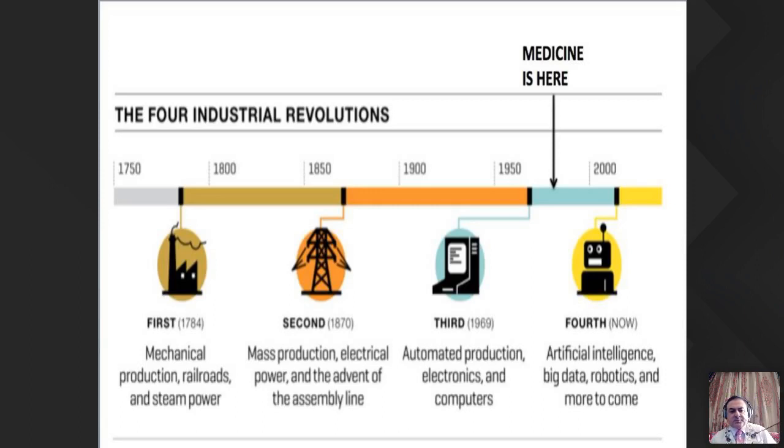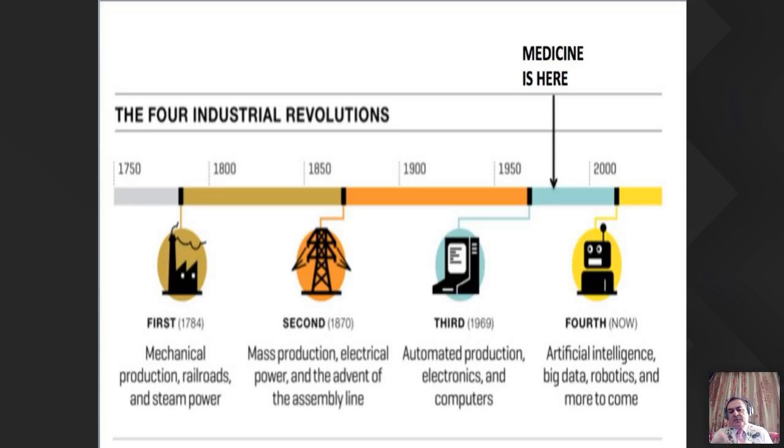Then you have mass production, started in the 1850s, where a mass number of people were producing a mass number of products. And then we have automated production, where electricity started appearing in the early 1900s and maximized in the 50s.